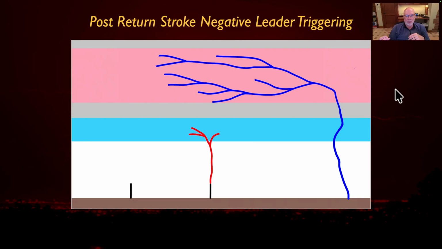But following the return stroke, we get intensified, continued growth of the negative leader portion of that flash, which results in a continuing current, as we talked about. And that growth, subsequent to the return stroke, travels near or over the towers, and that initiates the upward positive leaders from the towers.